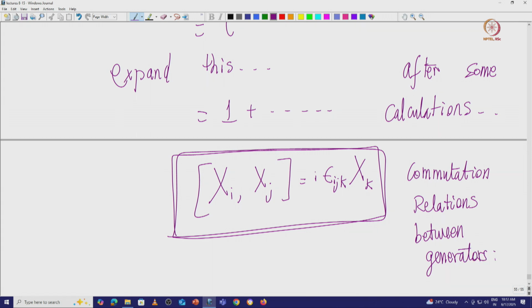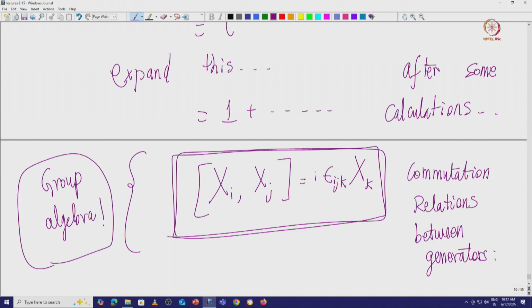And these commutation relations are nothing but what is called the group algebra. I used the word algebra some time ago. So this is the group algebra.